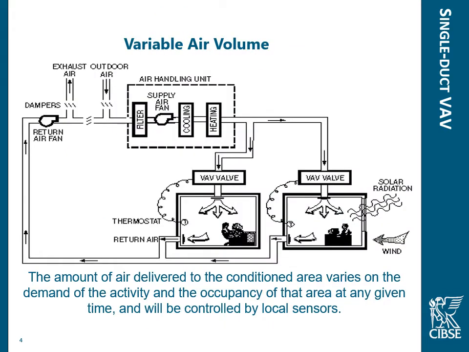Outdoor air is delivered to the air handling unit, goes through the filter, either through the cooling or the heating, but it goes through both coils depending on which one's on at the time, arrives at the VAV valve. The VAV valve is controlled by a thermostat in the room, usually connected via the BMS, and then the air is extracted out and exhausted out to the outside. A certain amount can be recirculated as well.